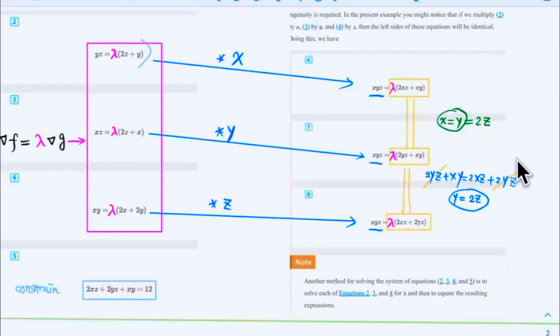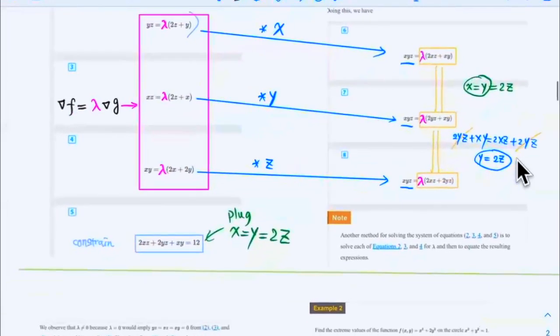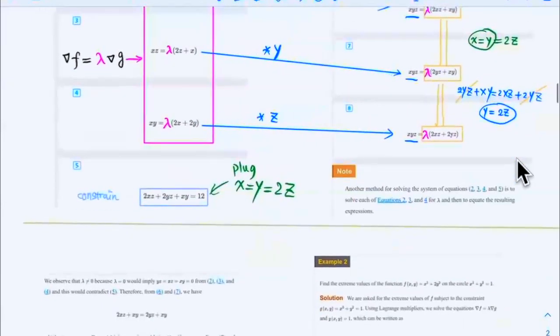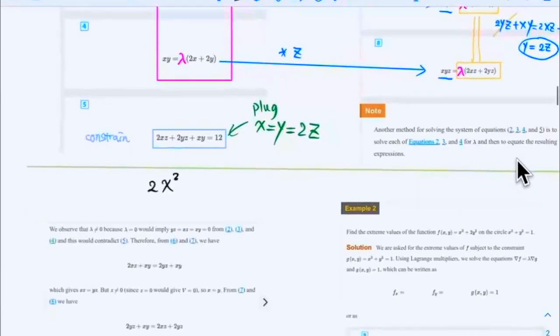Put it in here. So you're going to substitute x equals y equals 2z into this to eliminate variables. I think we should maybe just keep the x, okay? So what do we have here? If I want to keep the x, we have 2x, x is 2z, right? So, okay.